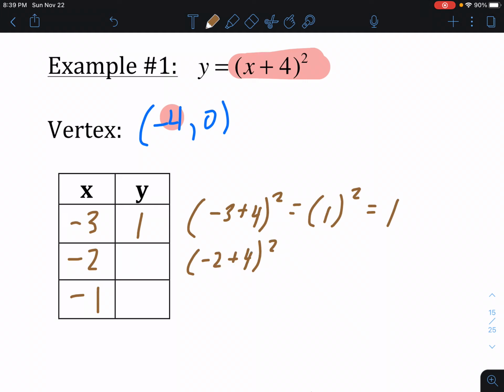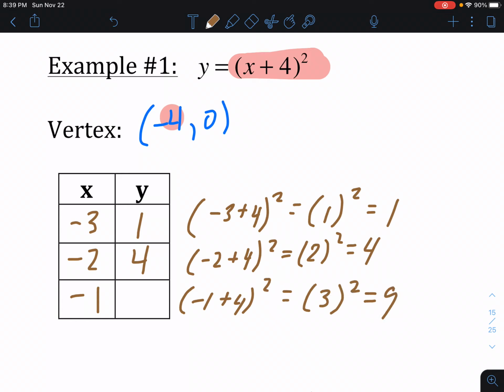Again, this is giving me the y coordinates, so I can plot some points. So that adds up to 2. 2 squared is 4. There's another point. And then negative 1 going in for the x. They add up to 3, then 3 squared is 9.